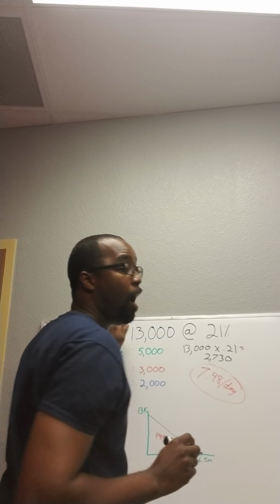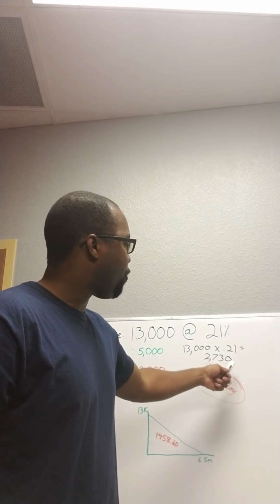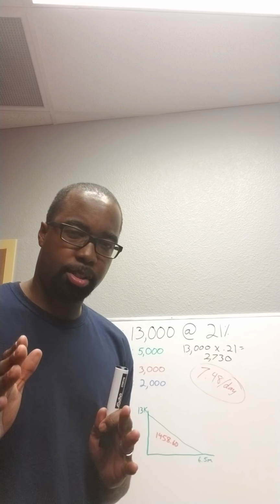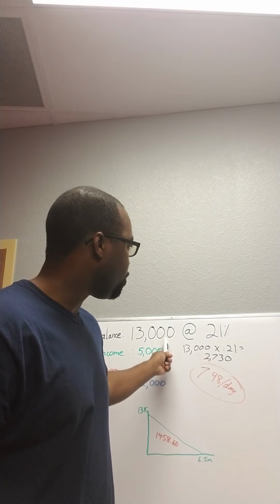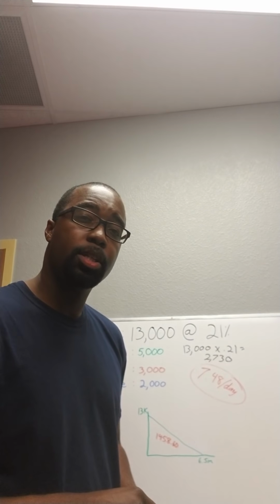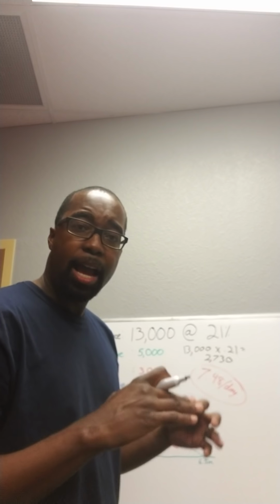Now, you take that $2,730, what does that represent? That represents the interest accumulated on $13,000 at 21% for a year, the annual percentage rate. Now, you're going to take this and divide it by 365.